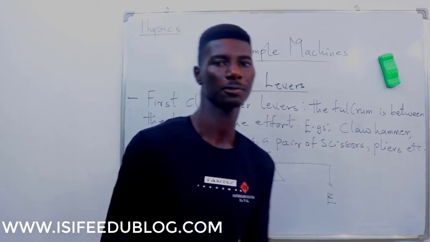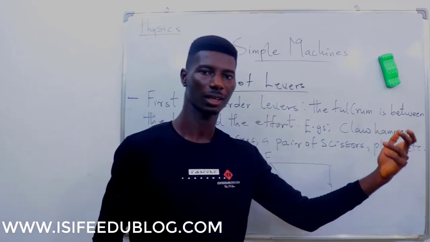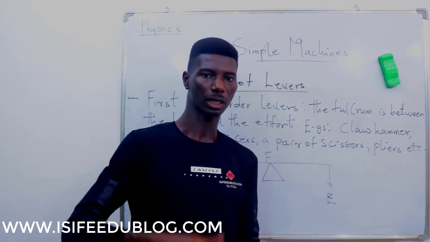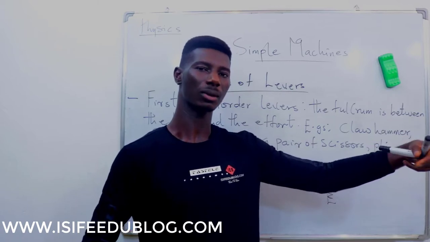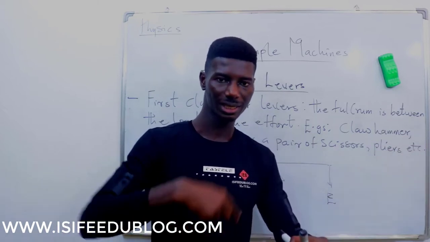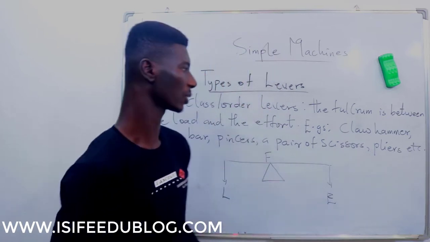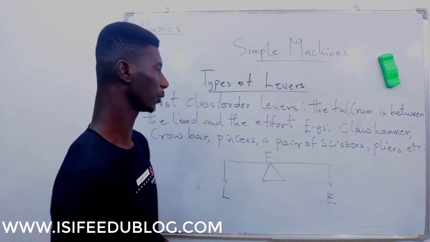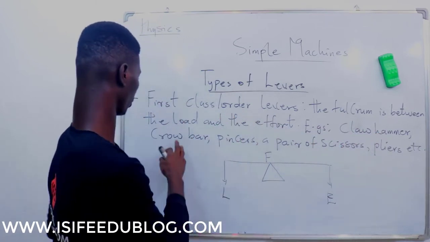In real life, an example of this first class lever is the claw hammer. If you want to use the claw hammer, you place your load at the mouth, and on this side you are holding the hammer, while there is a little knot between them. That little knot serves as the pivot or the fulcrum. So a claw hammer is a first class lever.